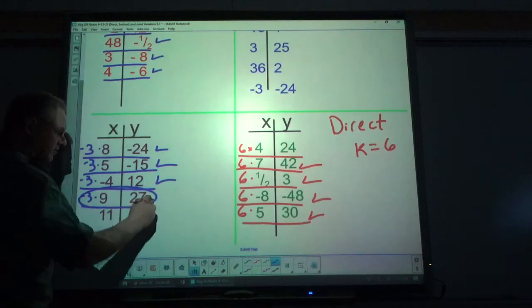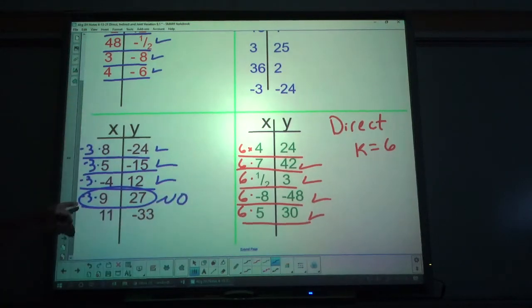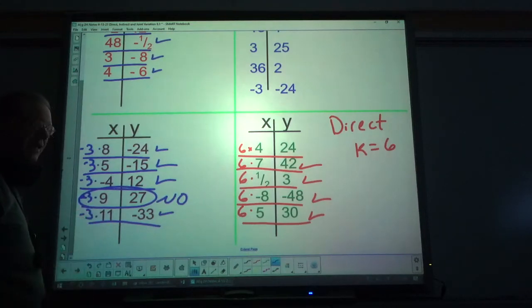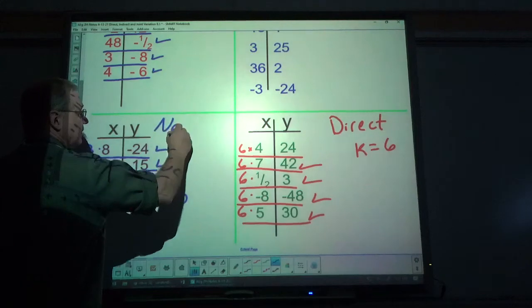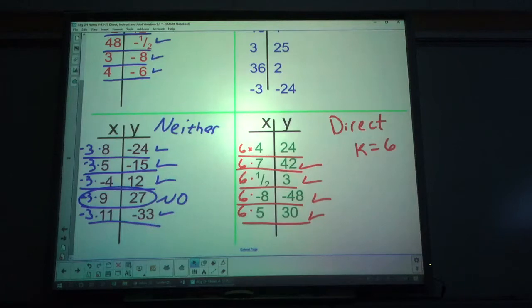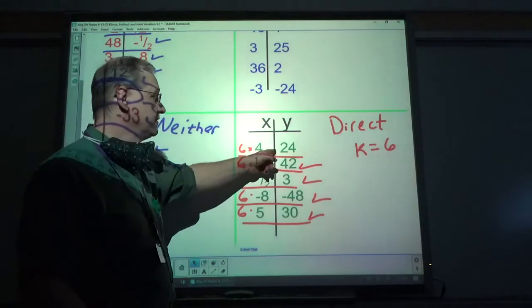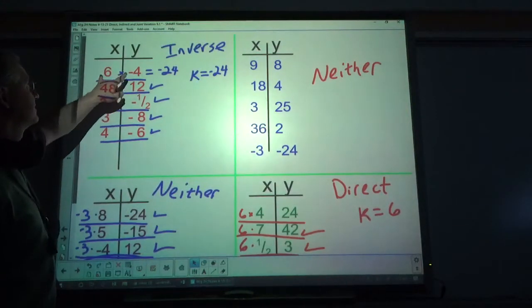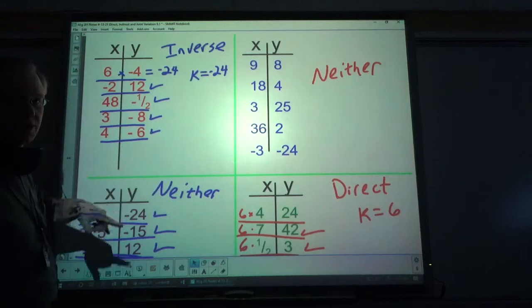That one doesn't work, because negative 3 times positive 9 is negative 27, not positive 27. It only takes one of them to not work, and it's a no, neither. So there you have how you work with tables. Again, there are two ways. For direct, it's the same number times the x to give you y all the way down. For inverse, it's x times y equals the same number all the way down.